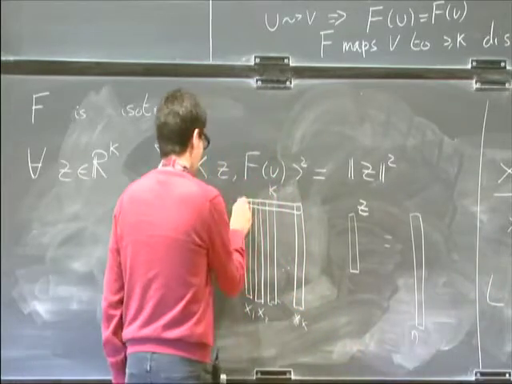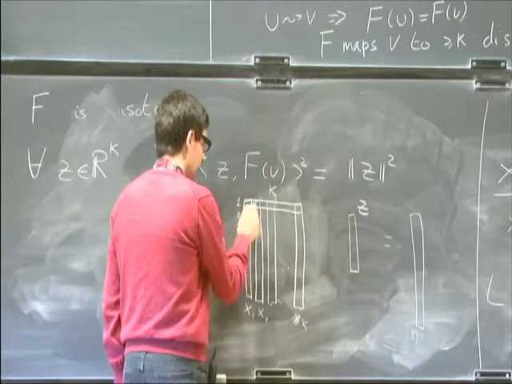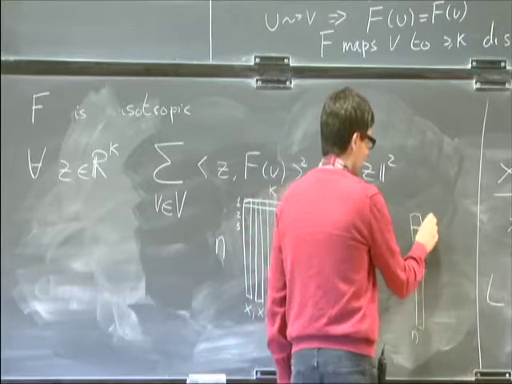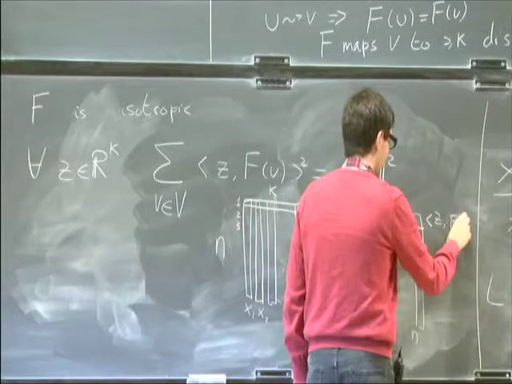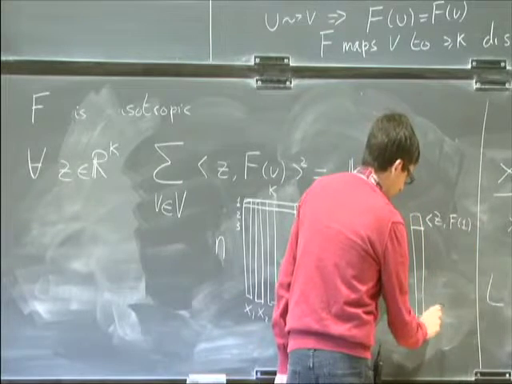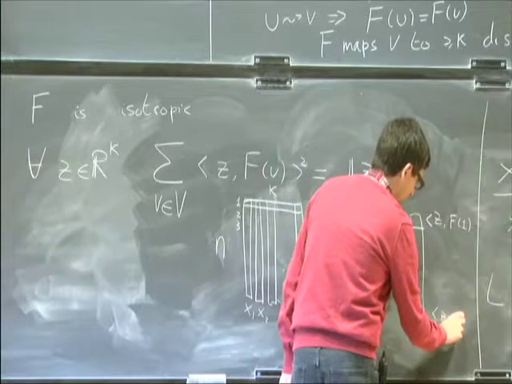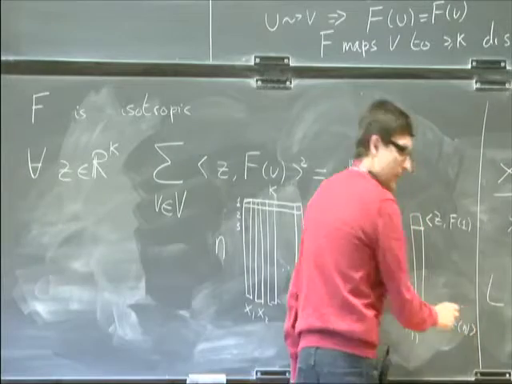So if this is vertex 1, vertex 2, vertex 3, and so on, here we're going to see z inner product f of 1 up to z inner product f of n.